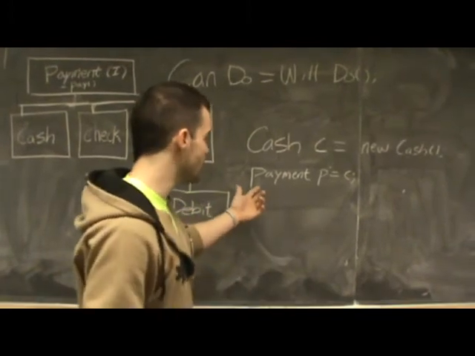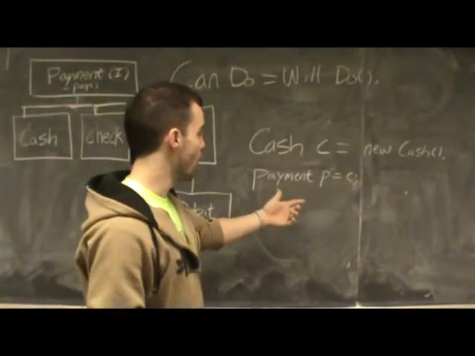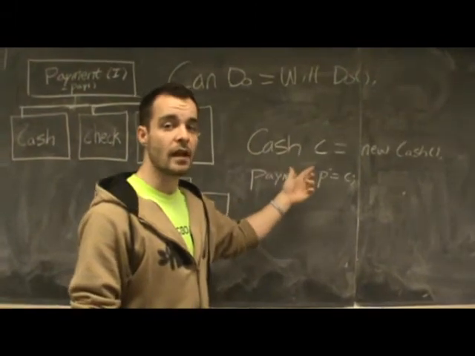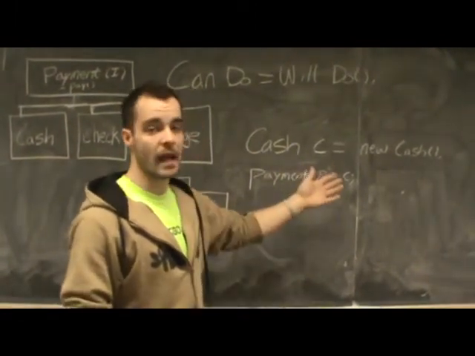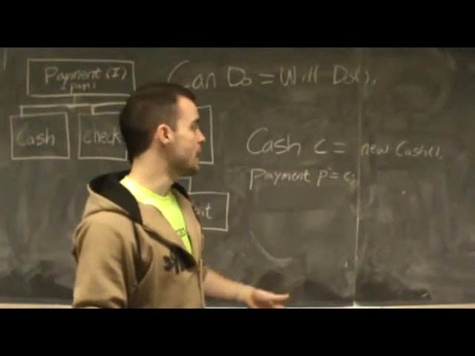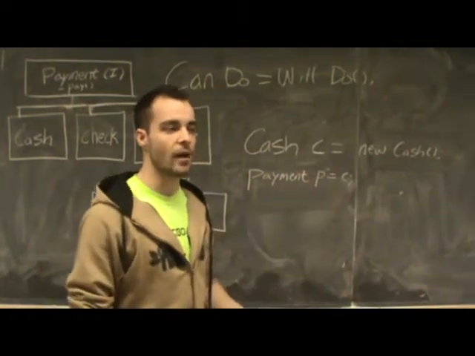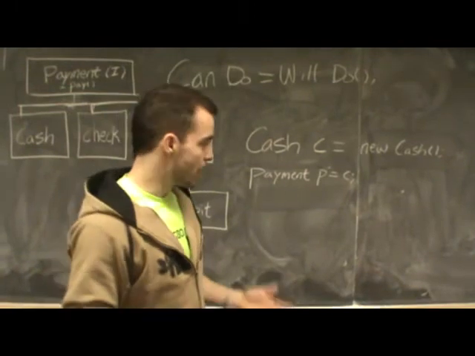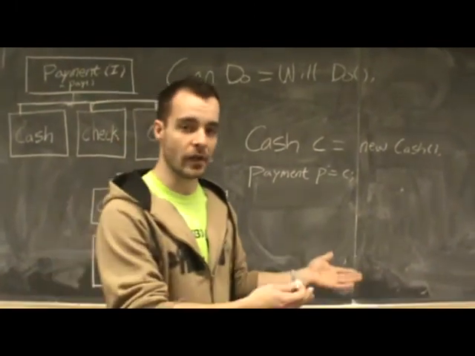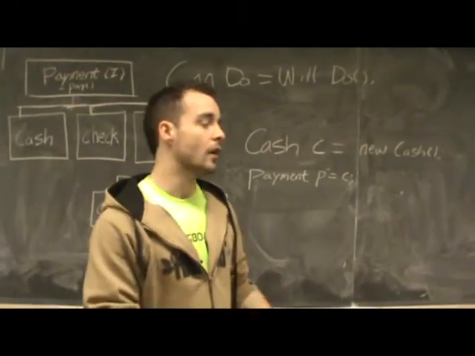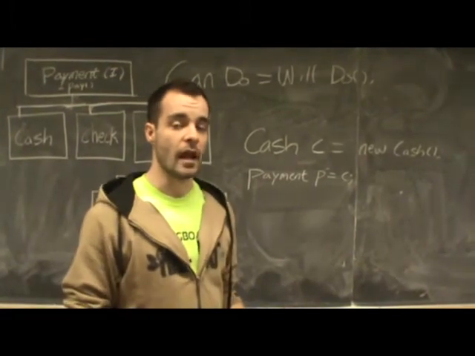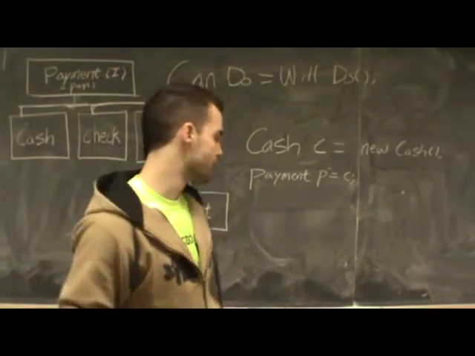Even though P is a payment object and C is a cache object, they're both the same cache object. And even if they weren't, even if payment P equals a new cache, and these were two different cache objects, the method pay still refers to the class cache to execute the function, and therefore has the same behavior.